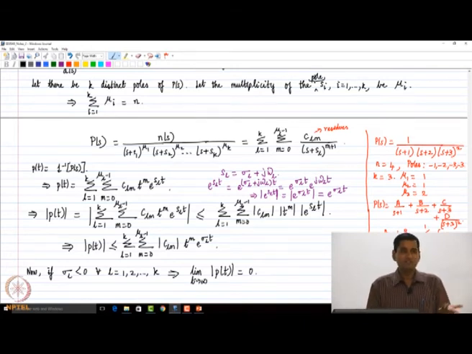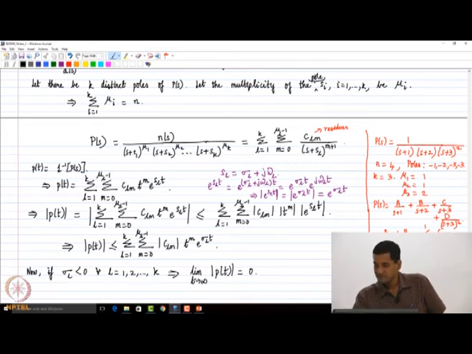Let's say there are k distinct poles. K can be less than or equal to n. So whatever poles are there, all poles must have negative real parts, or in other words, we should have all poles lying in the left of the complex plane.